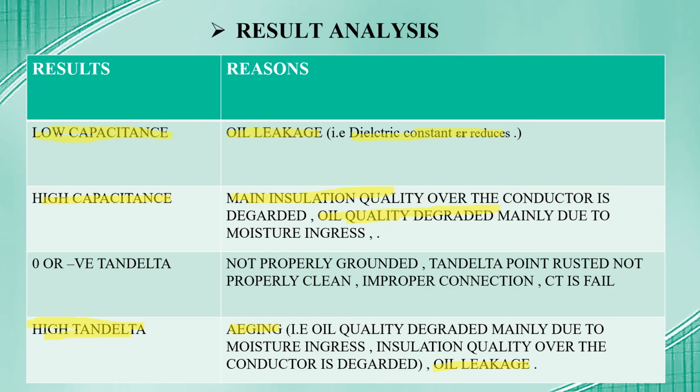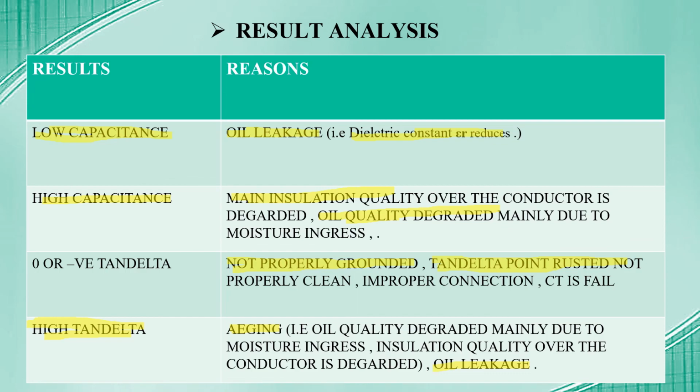And now the last one is a zero or negative tan delta value. To come to some conclusion, you must first of all see that it may be due to not being properly grounded, meaning there may be some induction effect. Second, the tan delta point may not be properly cleaned and may be rusted.